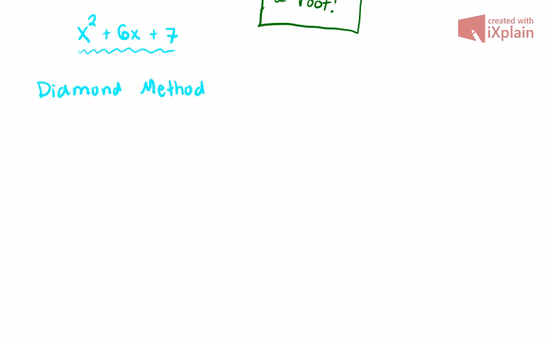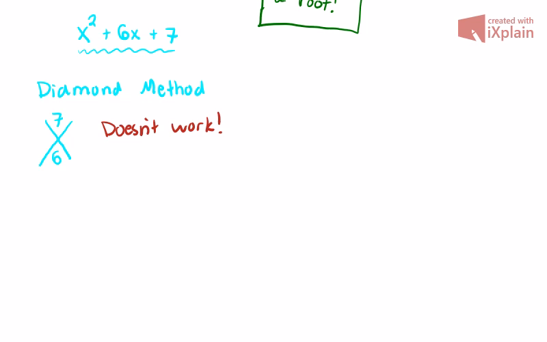So if we use the diamond method here, and in fact we can use the diamond shortcut because there's no number in front of the x squared, we need two numbers that multiply to 7 and add to 6. The only two numbers that multiply to 7 are 1 and 7, or -1 and -7, and neither of those options will add together to give me 6. So the diamond method doesn't work.